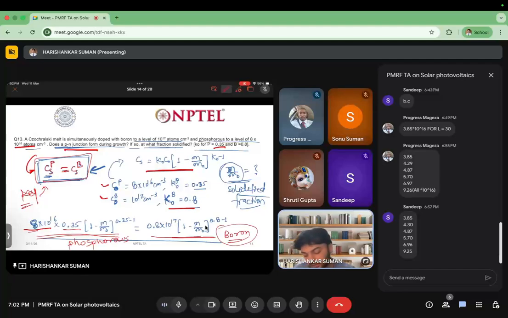Okay, at any point let me consider the P and N junction. At this point, one side is P type, one side is N type. Apply this concept on both sides, and you have to calculate m by m naught.